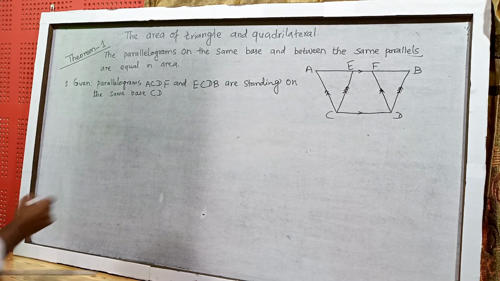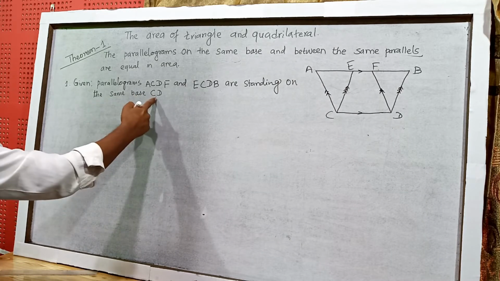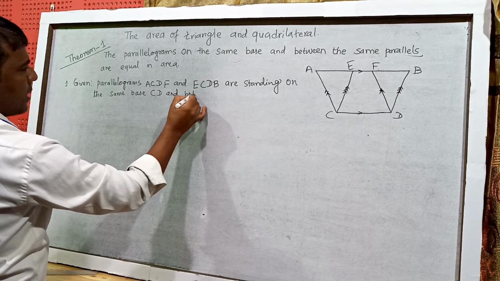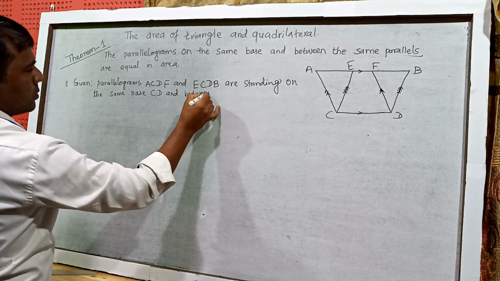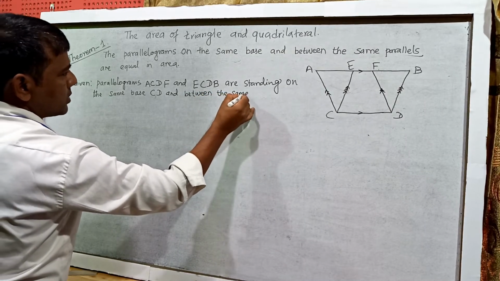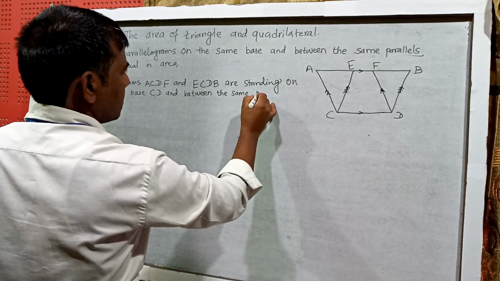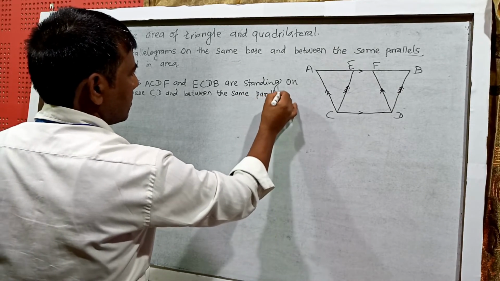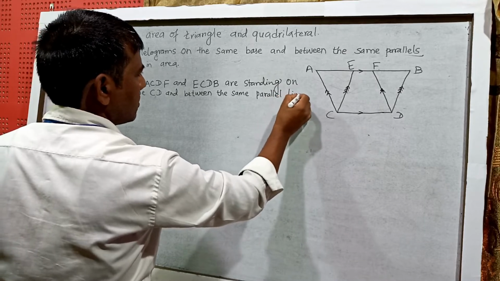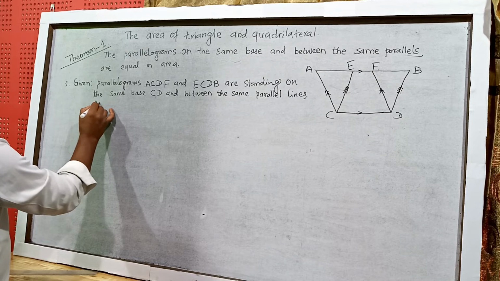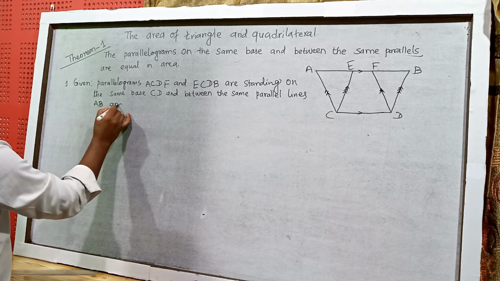Both parallelograms are standing on the same base CD and between the same parallel lines AB and CD.